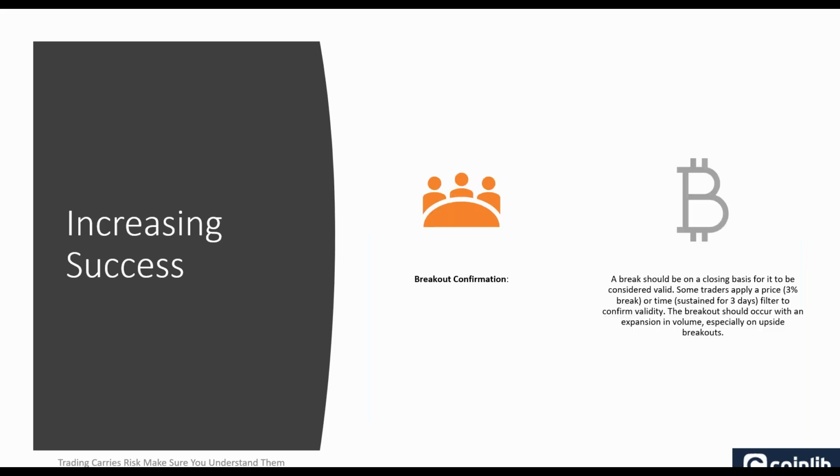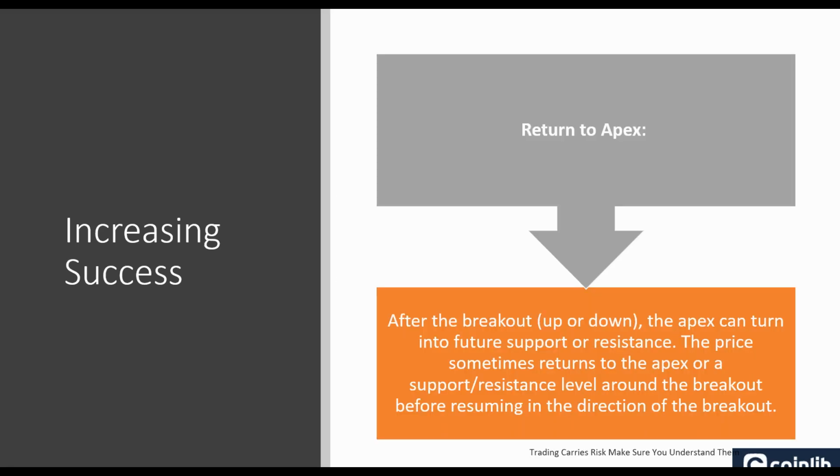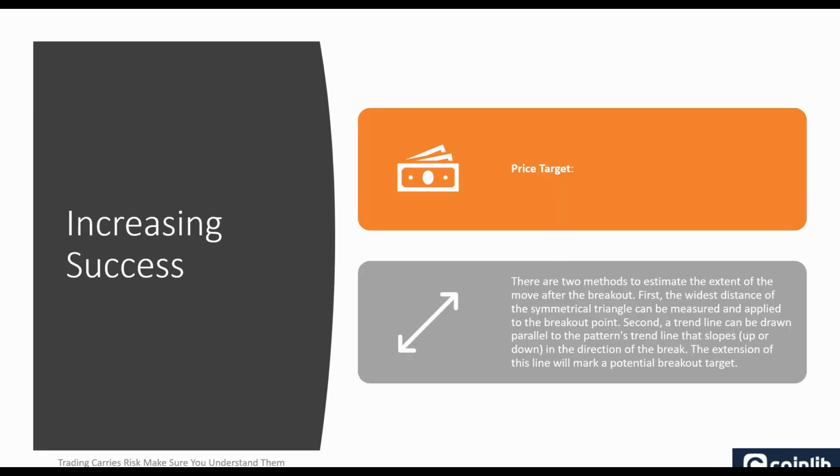So breakout should be on a closing basis for it to be considered valid. The breakout should occur with an expansion of volume, especially on upside breakouts. After a breakout, either up or down, the apex can turn into future support or resistance. The price sometimes returns to the apex or support and resistance level around the breakout before resuming the direction of the breakout. And that's why we wait for the third candle confirmation.